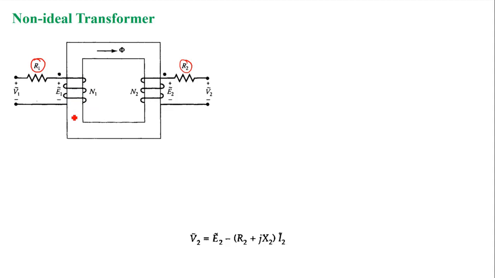If the resistance is introduced, this transformer will incur some losses. So with the introduction of the winding resistances, the apparent power across the transformer, that is input power, will not be equal to the output power, because there is some loss.